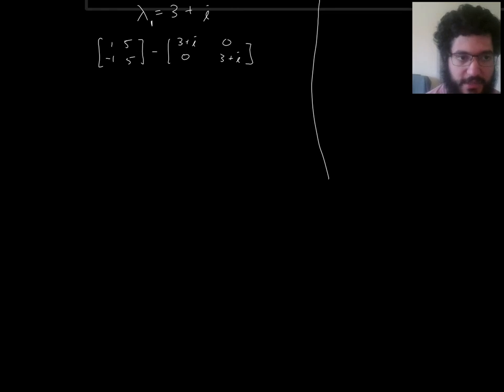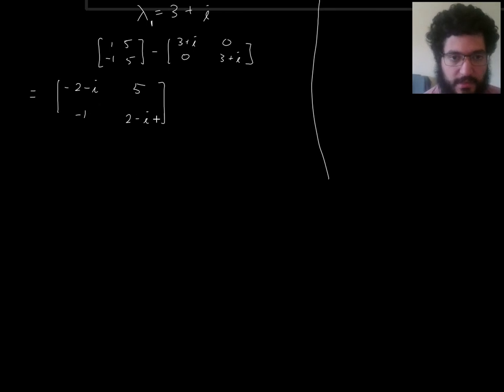Okay, so let me just center the calculation here. I subtract that from the diagonal and I get, let's see, 1 minus 3 plus I is negative 2 minus I, and then 5, and then negative 1, and then 5 minus 3 plus I, so that's 2 minus I. I'm interested in finding the null space of this matrix.